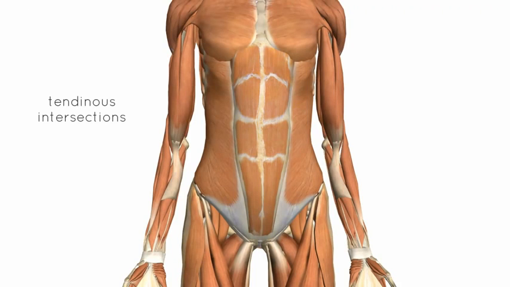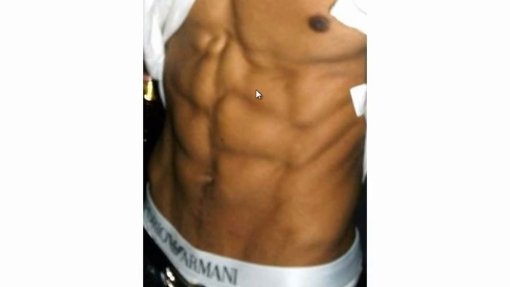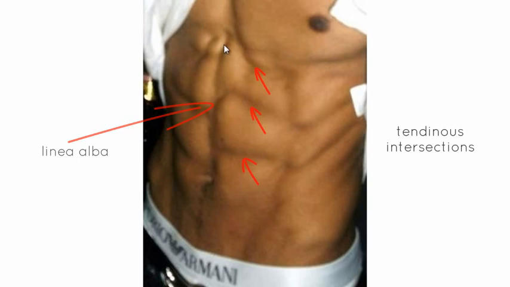These are called tendinous intersections, and these can be seen on people who have low body fat and a lot of muscle mass in the rectus abdominis. You can see in this picture the surface anatomy. You can see the linea alba down the midline, and you can visualize the tendinous intersections between the muscle bellies of the rectus abdominis.